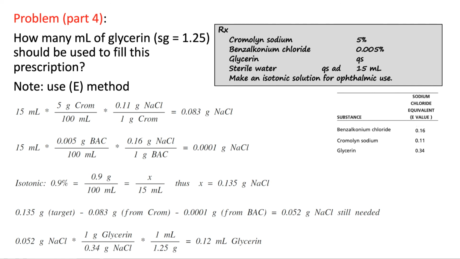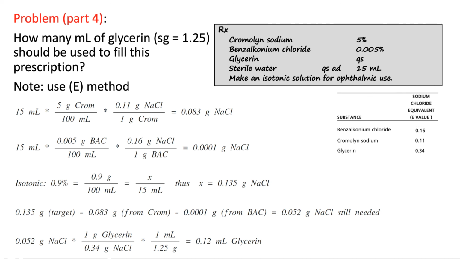I step back. I now want to calculate how much sodium chloride I need total by starting with my 0.9%, which is 0.9 grams per 100 milliliters. Set that equal to X over 15 milliliters. Solve for X. I get 0.135 grams of sodium chloride. That's how much sodium chloride I need to make 15 milliliters isotonic. So let's take that target and subtract what we have.